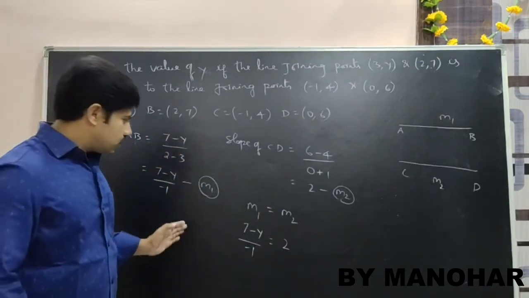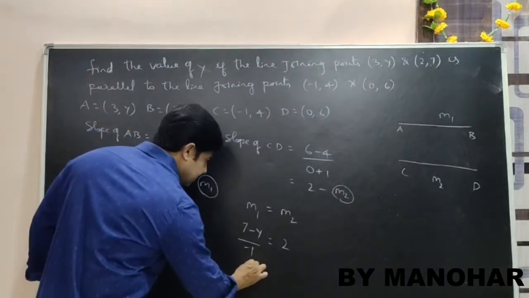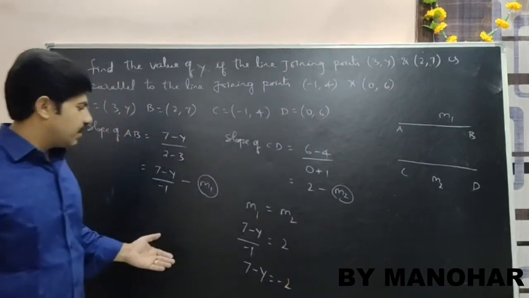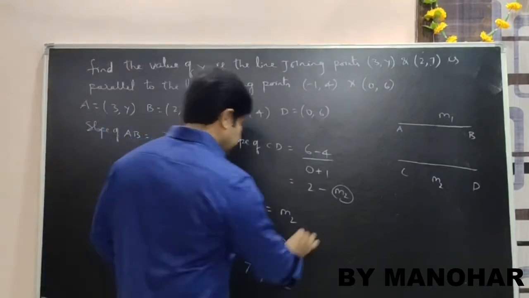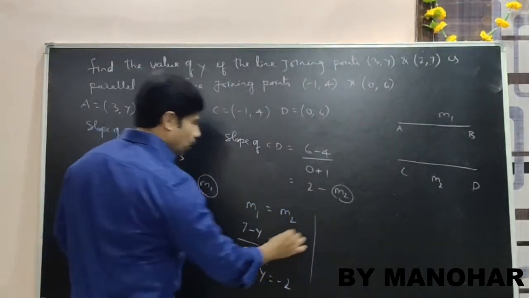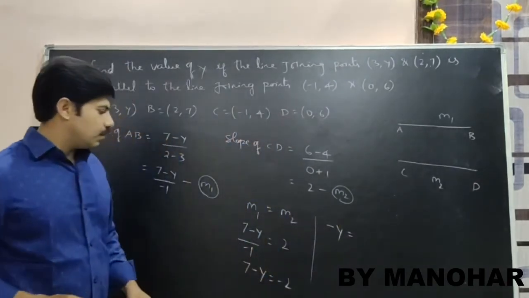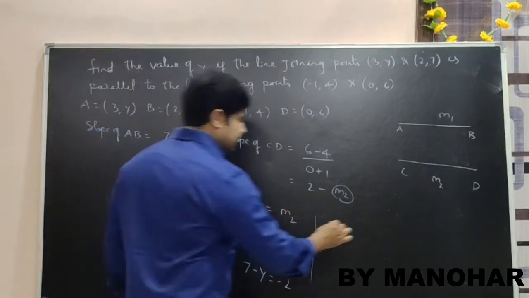and M2 is what? 2. So just cross multiply. So what we get if you cross multiply? 7 minus y is equal to minus 2. Now minus y is equal to minus 2, we will transpose that 7, it will become minus 7.